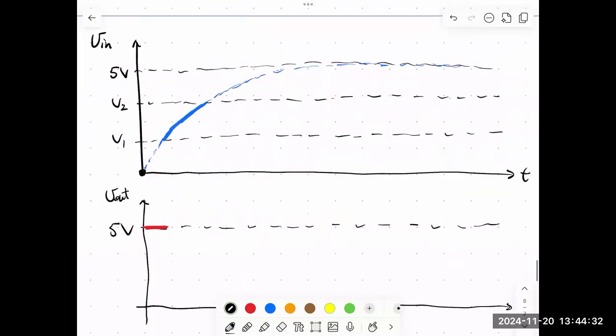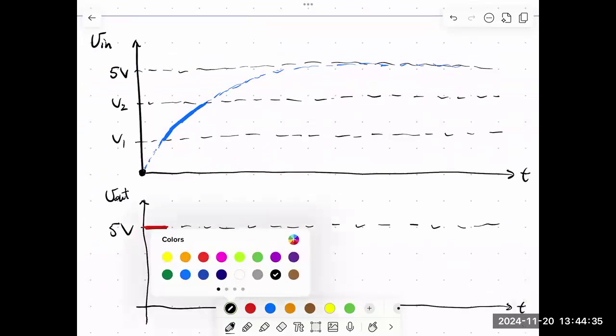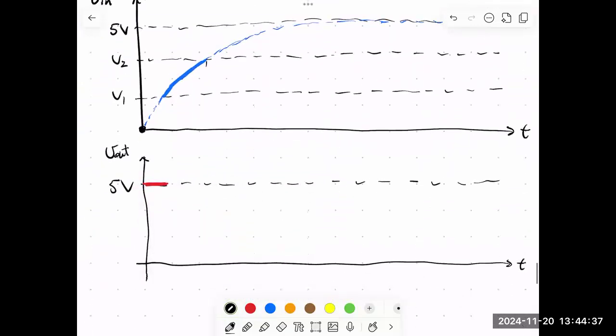Okay, so I guess we can live with that. So we would have, at this time, our output was sitting at high and it's going to drop low.